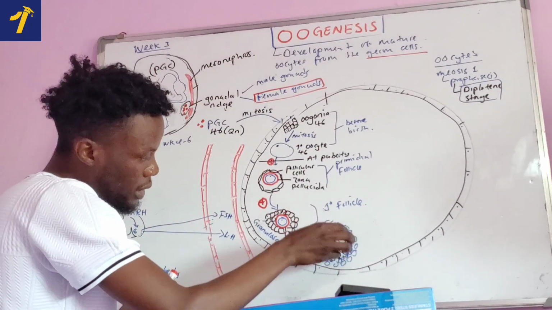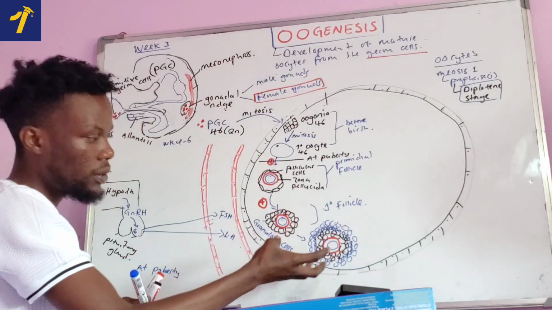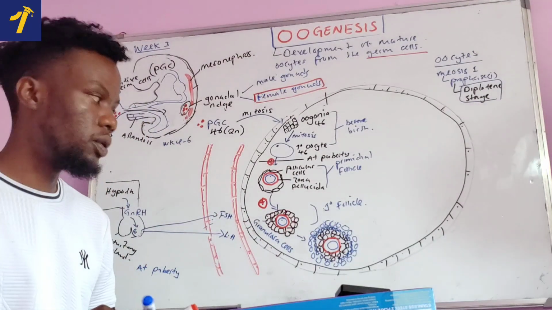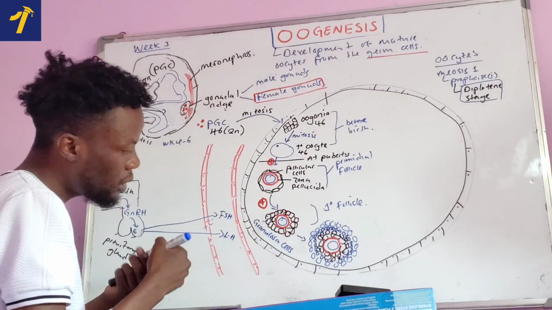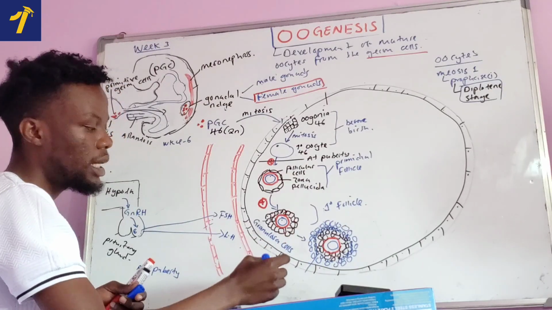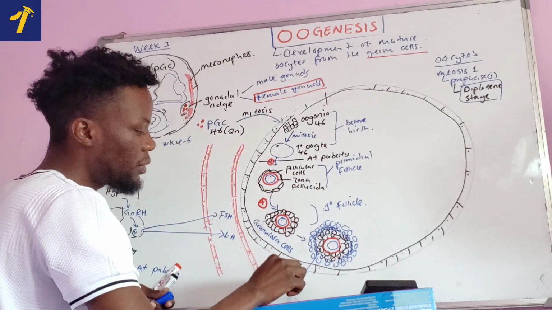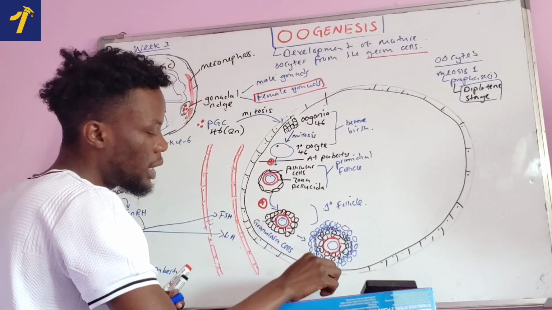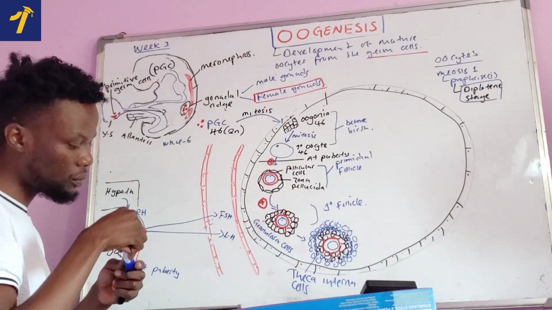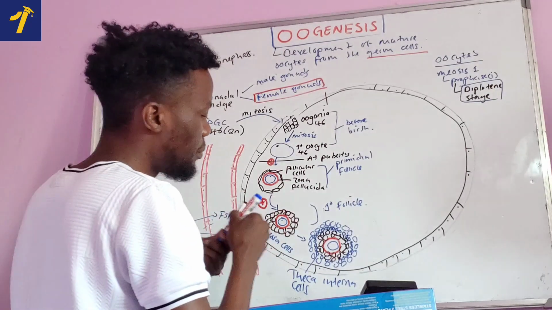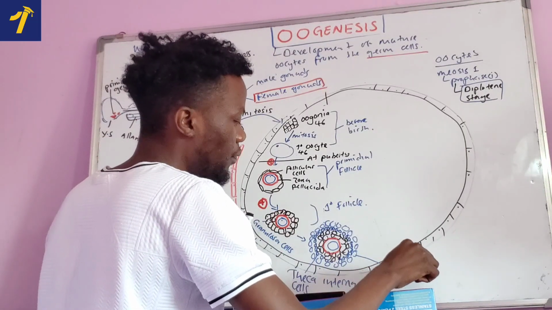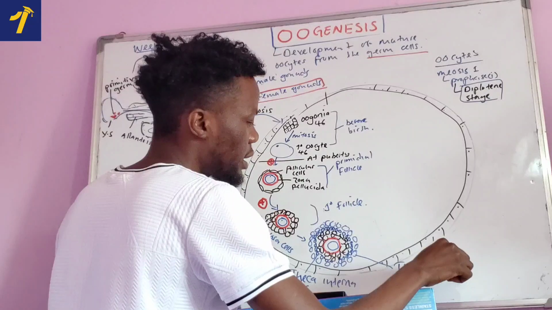It's the same structure, it's just that outside the granulosa cells, there will be now two important cells that are going to start developing. If you look at the smaller ones, which are inside, near to the granulosa cells, we call them theca interna cells. Then these bigger ones, we call them theca externa cells.